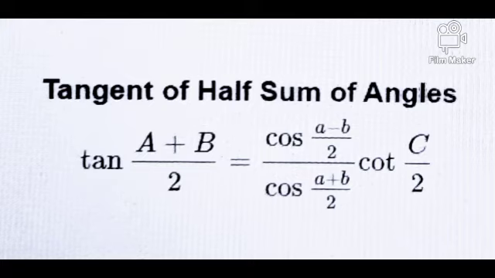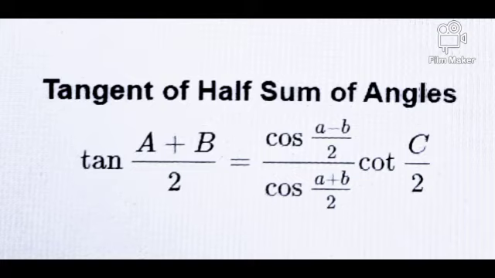In this equation, the two angles considered are angle capital A and angle capital B. And Napier's analogy says that the tangent of half the sum of two angles is equal to the ratio of the cosine of half the difference of the two sides opposite the two angles, and the cosine of half the sum of the two sides opposite the two angles, multiplied by cotangent of half the third angle.